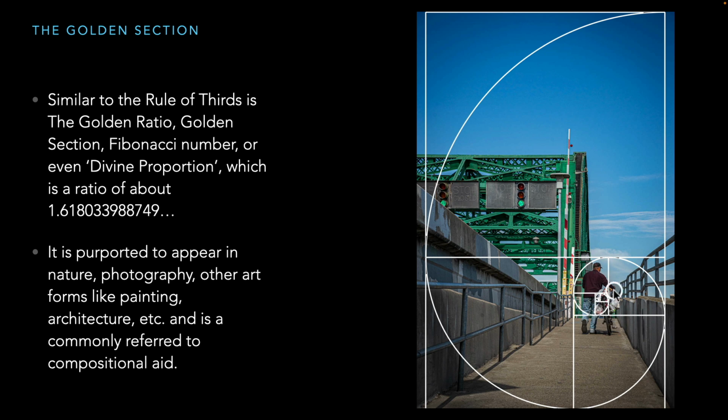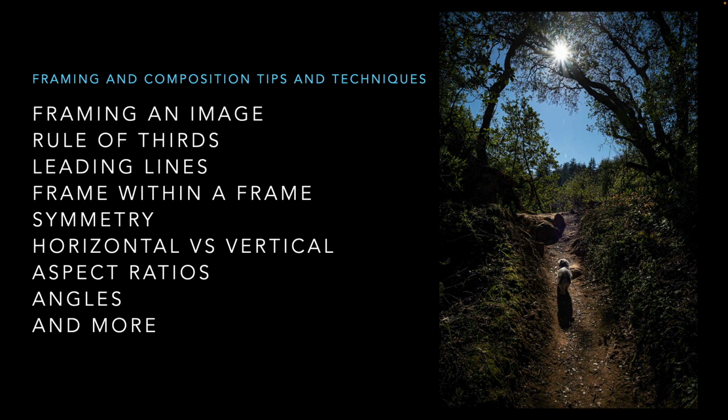So I expected this image to fit the golden ratio or the golden section, and it did, because I put it on the top. So anyway, take that with a grain of salt. But that is something that you might hear about, the golden section, the golden ratio, in various guides on composition for photography and other art forms as well.